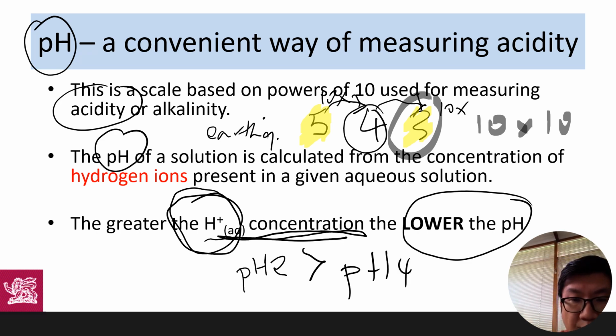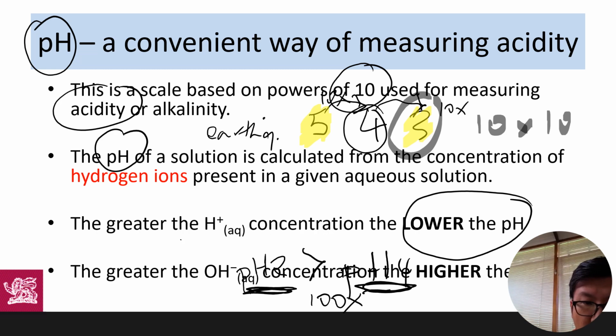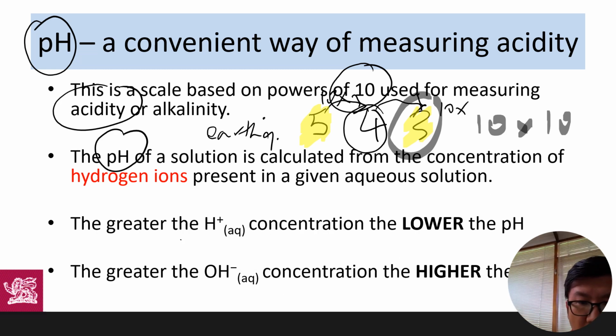And because it's a powers of 10 scale, pH 2 acids are 100 times stronger than pH 4 acids. Now, this says the greater the OH hydroxide ion concentration, the higher the pH, and that might be confusing.